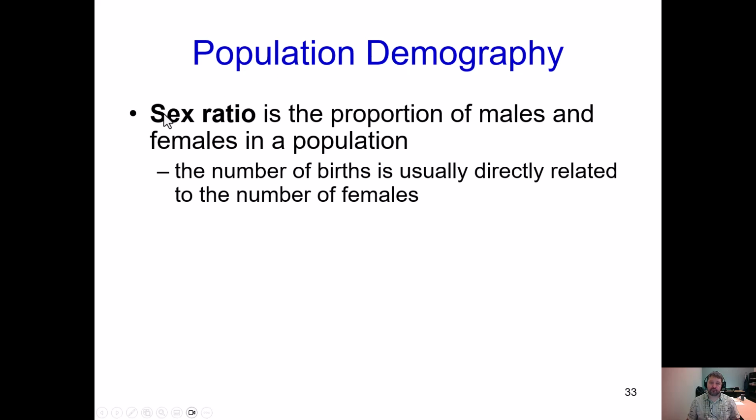And so there are known situations where populations can have a higher proportion of males because of temperature changes in the environment, or a lower proportion of males because of temperature changes in the environment. And so you can have environmentally driven sex ratios or even behaviorally driven sex ratios, like how long maybe a crocodile lays on the nest and heats the nest might determine how many males or females are produced. Okay.